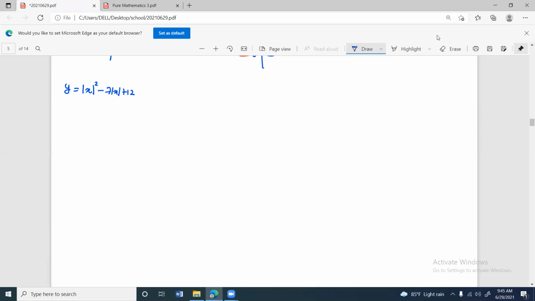Initially, we need to draw y equals x squared minus 7x plus 12. If you draw this, you can see the intersections are 3 and 4. So the graph is just like this.